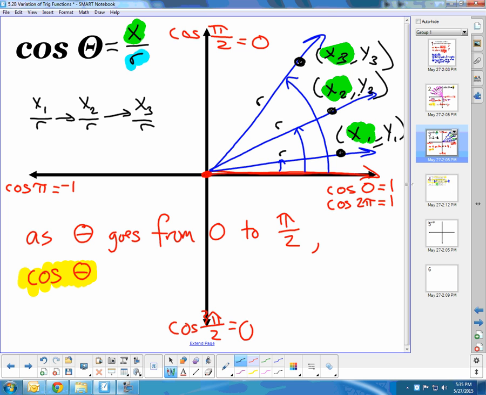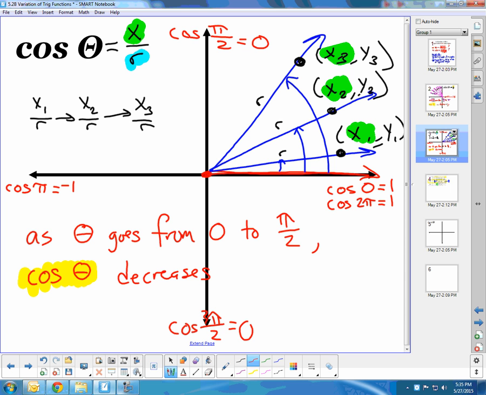So overall, those ratios are getting smaller and smaller. x sub 1 over r is larger than x sub 3 over r. So I can say, if I finish off my statement here, as theta goes from 0 to pi over 2, cosine of theta decreases.